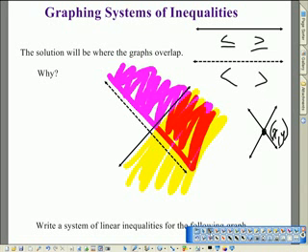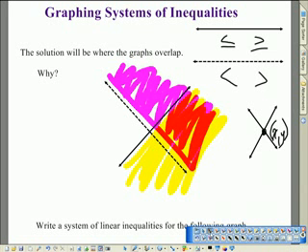How many coordinates are there in that region? An infinite number. There are coordinates all over the place. Some of them are decimals or fractions. So the good news is you don't have to list the answer to an inequality as a coordinate. The bad news is you have to graph it.